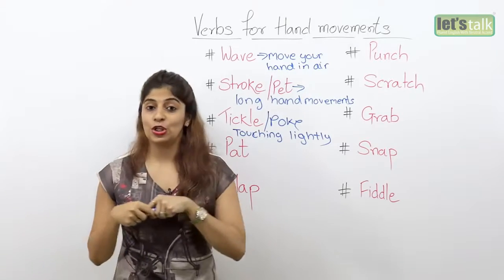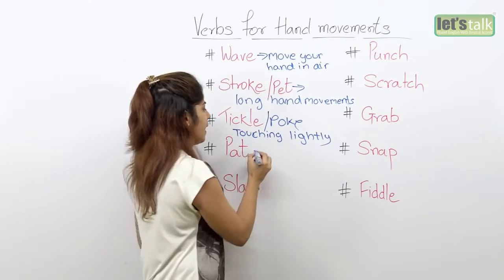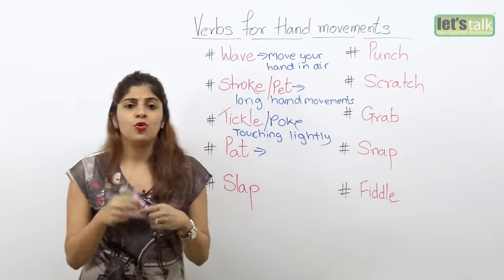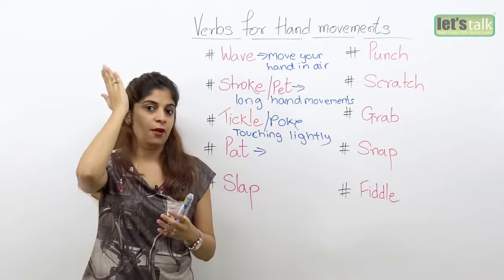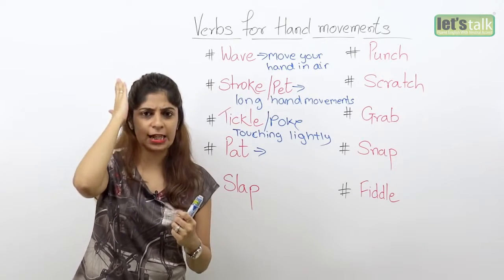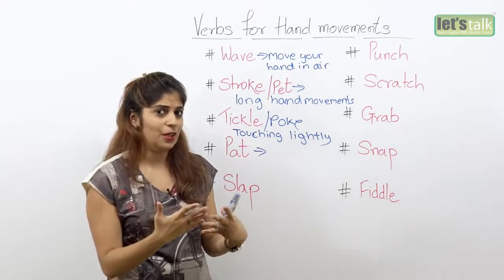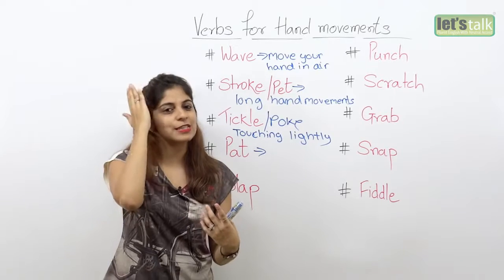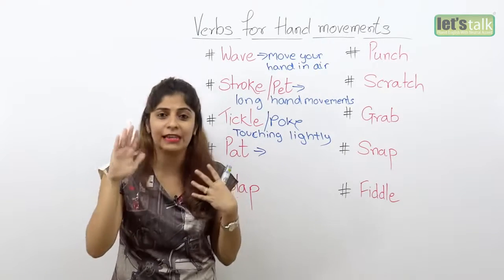Another verb that you can use is pat. Now pat is again, when you use your open hand and you just move back and forth. It's a very light touch, especially when you are putting a baby to sleep. You do that lovingly. You just keep moving your hand back and forth. It's a very light touch.